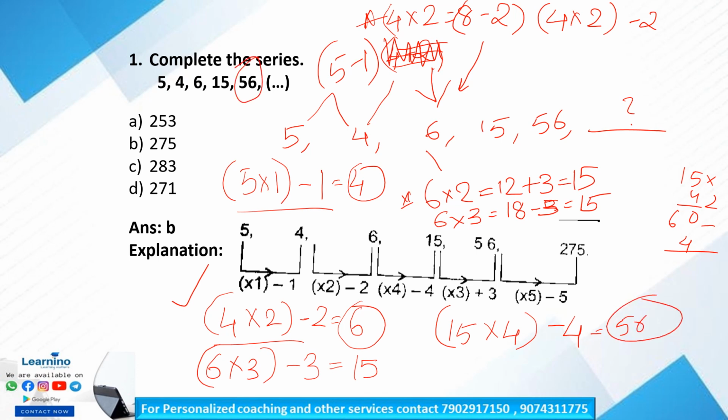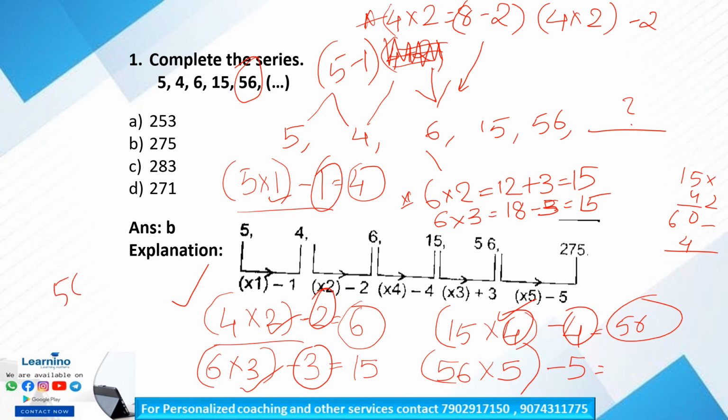So what about the next number? We have to find 56 into 5, so 56 into 5 minus 5. What is 56 into 5? It is 280 minus 5, that is equal to 275. So option B is our correct answer.